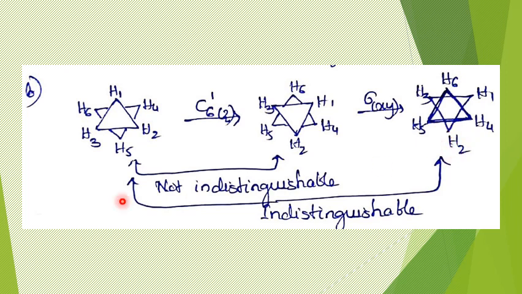Now you can compare these two. Here on the front carbon atom you have a hydrogen atom, and on the back carbon atom, here a hydrogen. So definitely these two are indistinguishable. The earlier two were distinguishable, whereas these two are indistinguishable. Therefore, these two being equivalent, definitely this is S6-1, C6-1 combined with sigma.